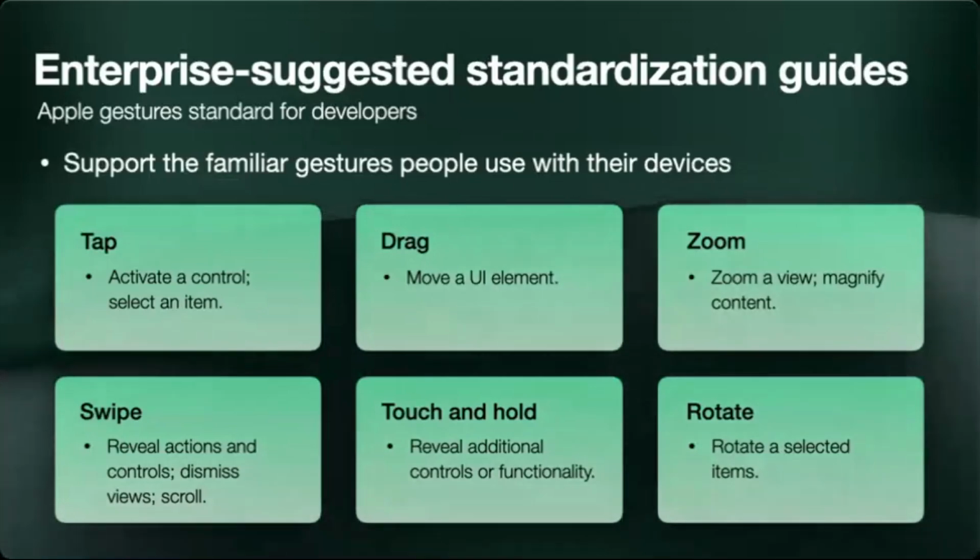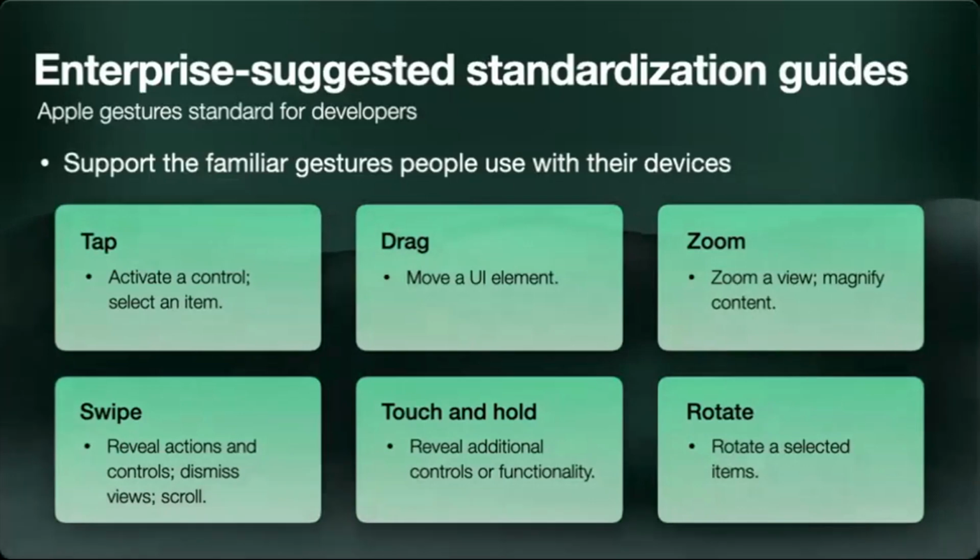Pinch to zoom gestures help enlarge or shrink content, such as images or text, so users can view details more clearly. Swiping is used for navigation, revealing hidden actions or closing views. For instance, swiping up or down to scroll through a page, or swiping sideways to delete a list item.